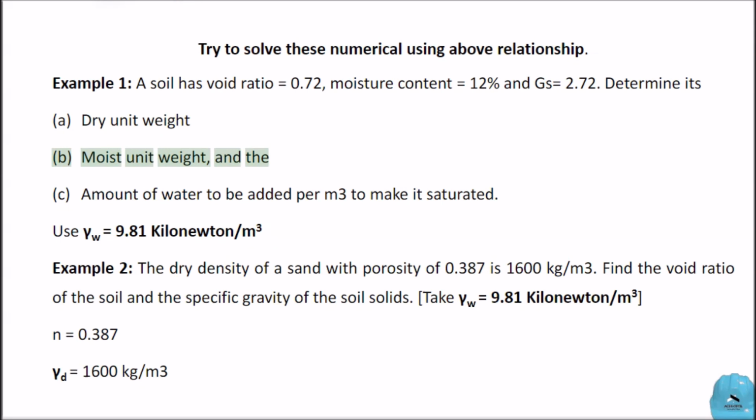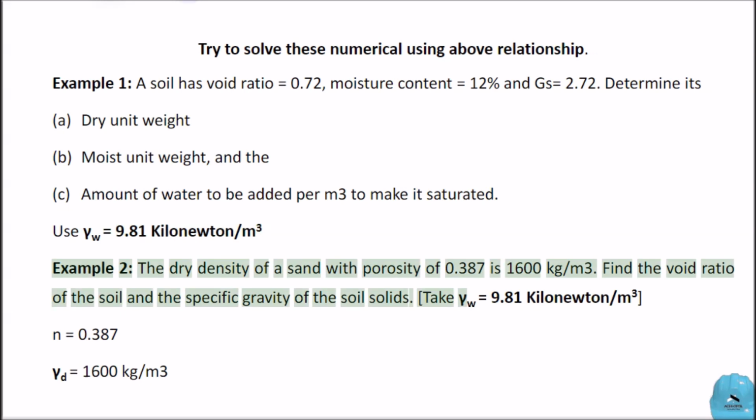Moist unit weight, and c. Amount of water to be added per m3 to make it saturated. Use γw equals 9.81 kN/m3.